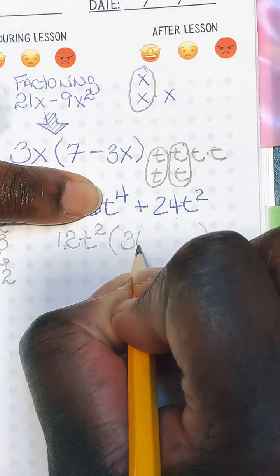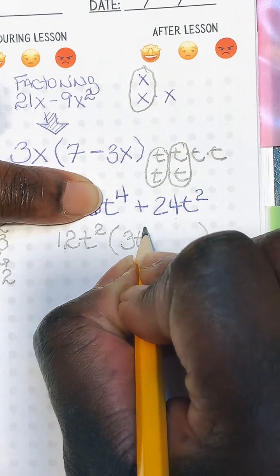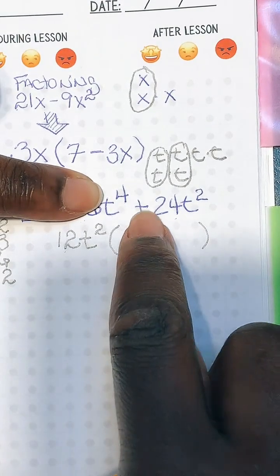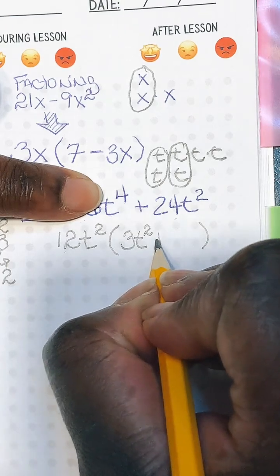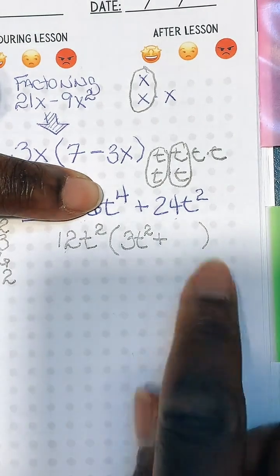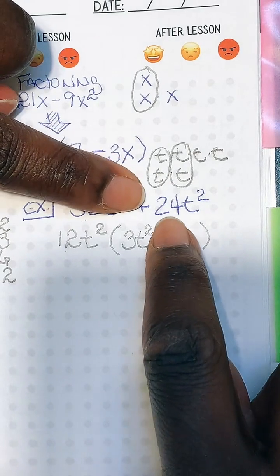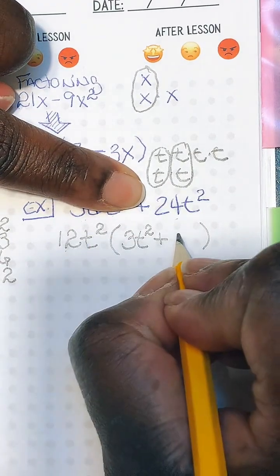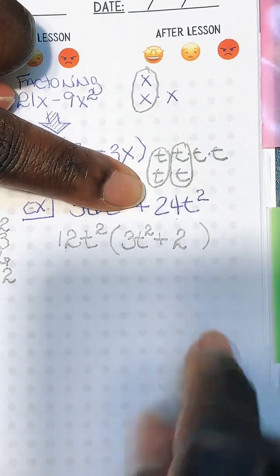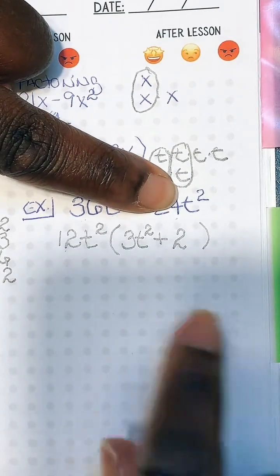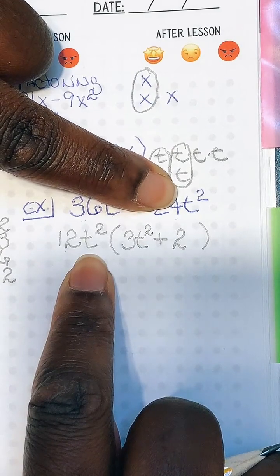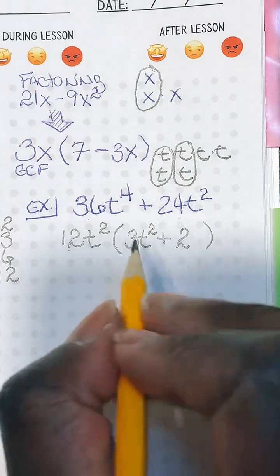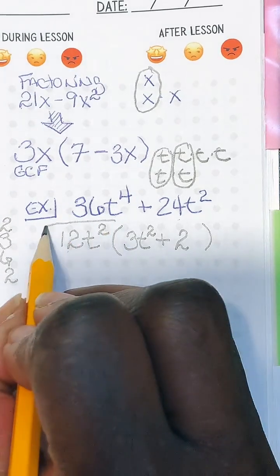So that means what goes next to our 3 is a 3t squared. See that plus sign? Let's bring it on down. So now we're going to do the same thing. 24 divided by 12. Good. Gives me 2. And since we have 2 t's here, we pulled out 2 t's. That means we don't have any t's left. So right here, this is completely factored.